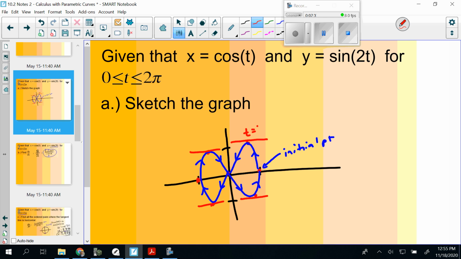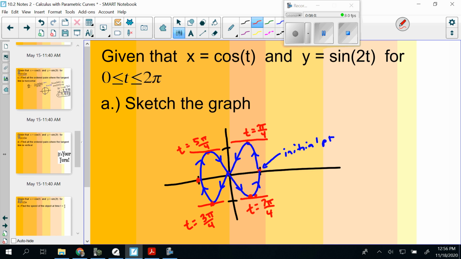The next one we would hit as we trace this would be this next one right here, so that was the 3 pi over 4. Coming back up, this one would be at 5 pi over 4. And then this last one right here would be at a t of 7 pi over 4. All right, so that gives you an idea of that one.